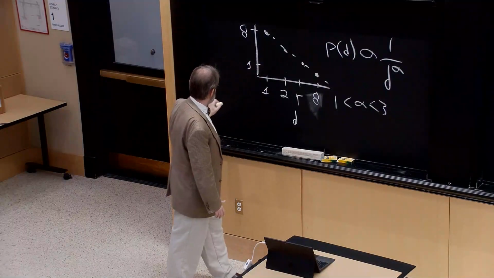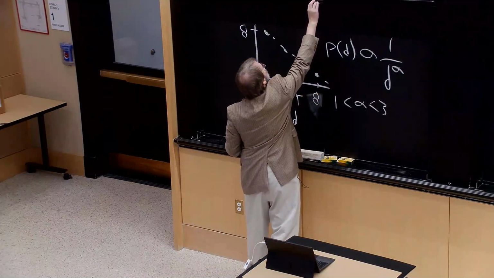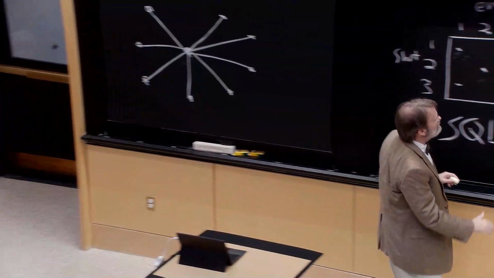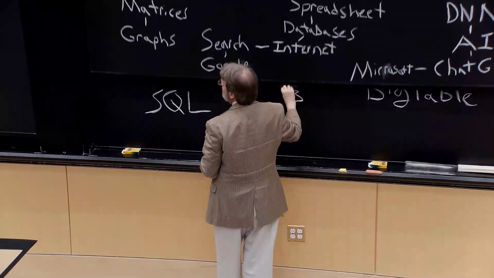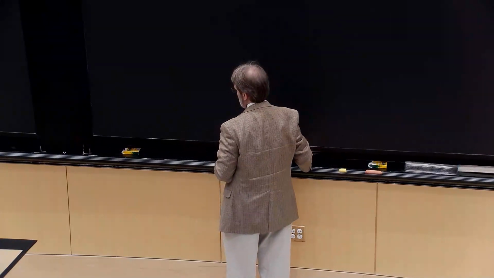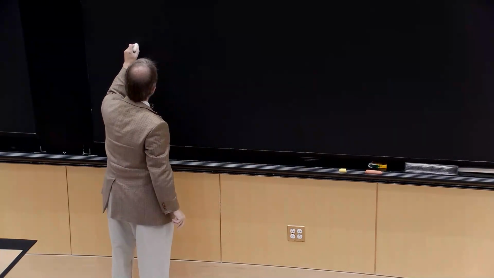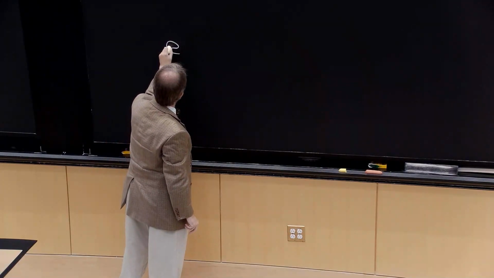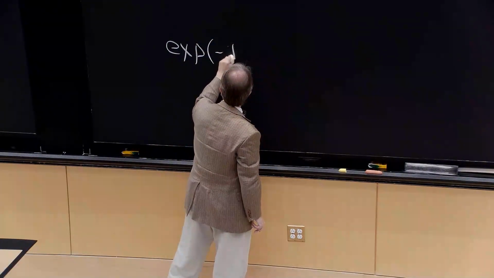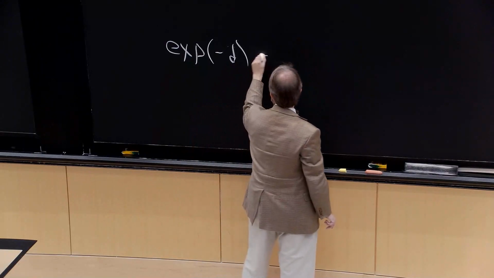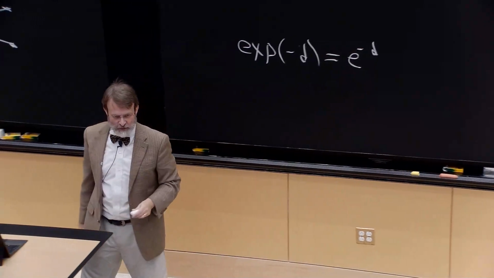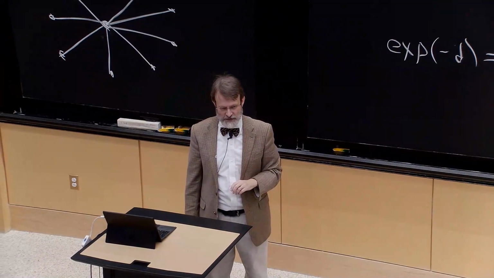if I have a distribution, say exponential, e to the minus x, or d, right? It's the same as e to the minus d. This is the cutoff line between what are called heavy tail and light tail distributions.